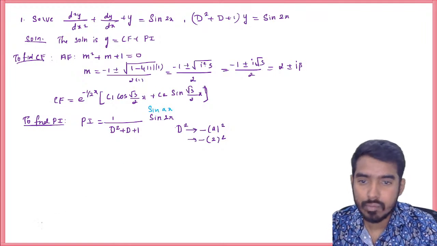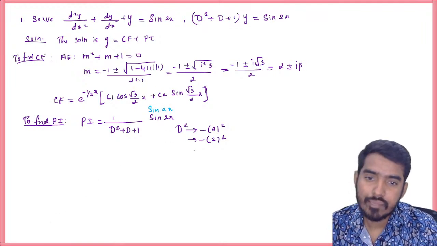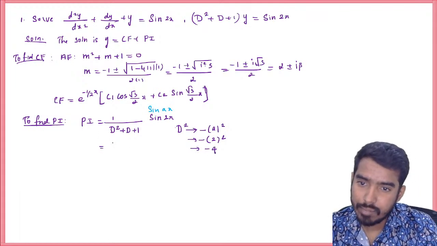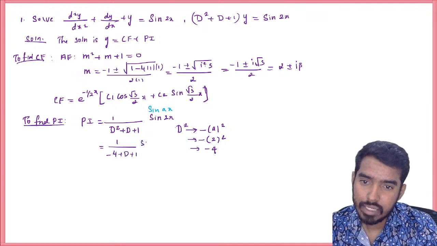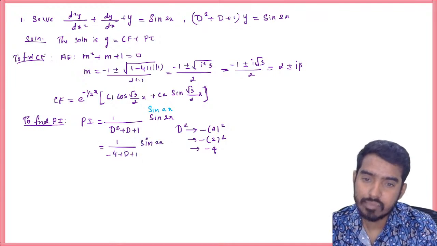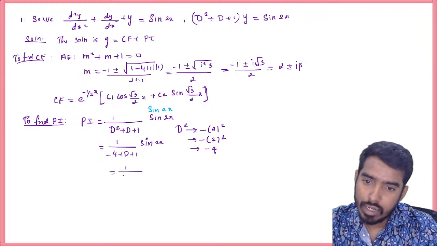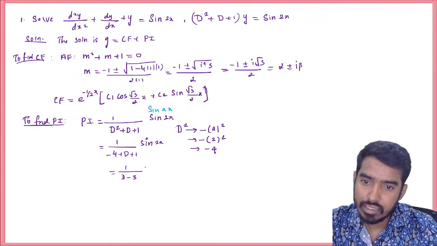So a is 2. That means replace D square to be equal to minus 4. After replacing this, we have 1 by D plus 1 with D square as minus 4, of sin 2x. So we will have 1 divided by D minus 3 of sin 2x.